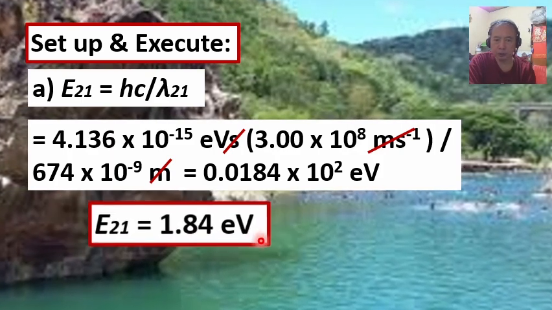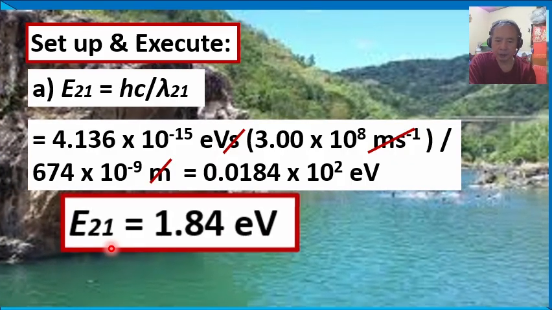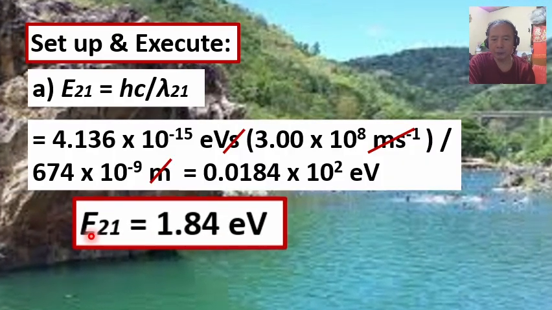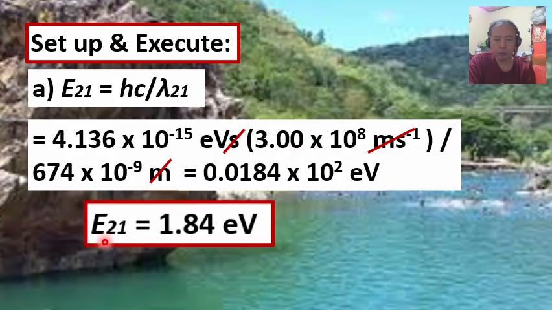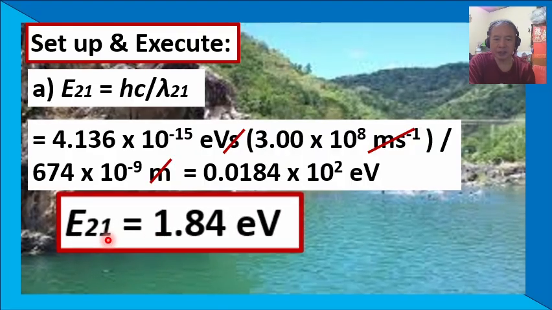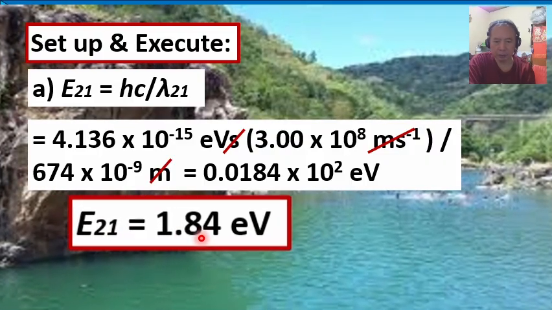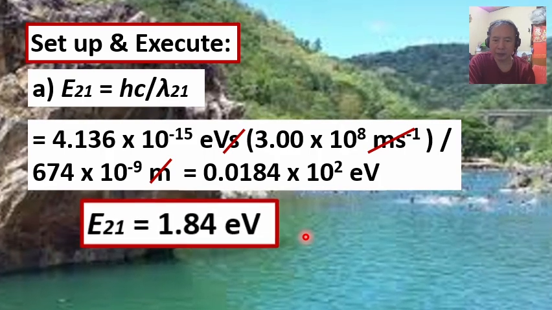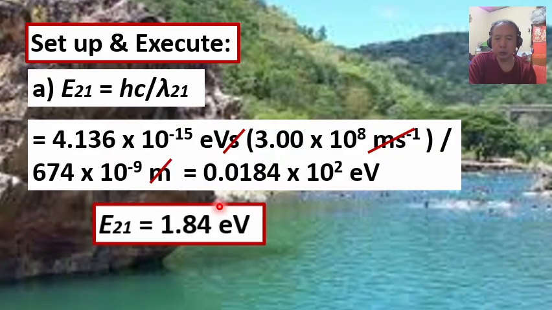So take note, this is the amount of the photon energy when the atom transitions from the second excited level to the first excited level. This is not asked in the problem, but this will help us determine the actual target variable, which is E sub 20.